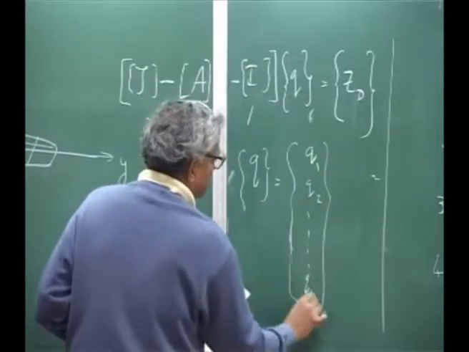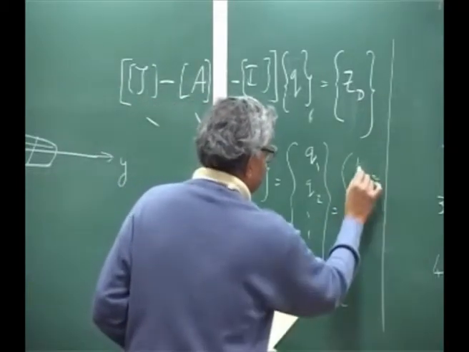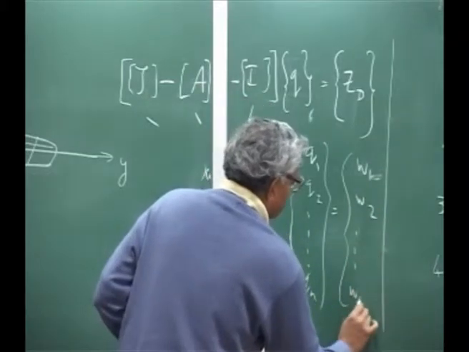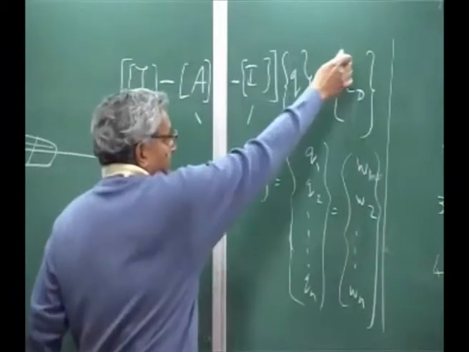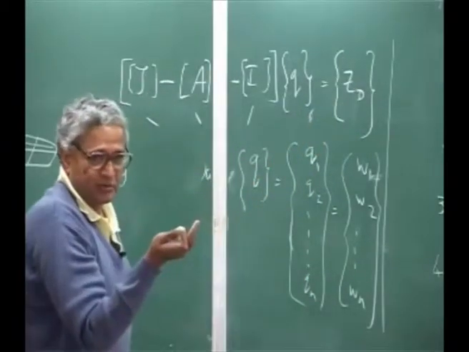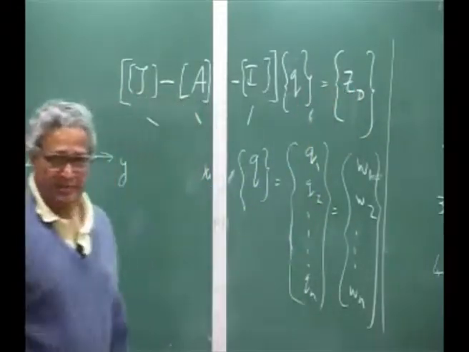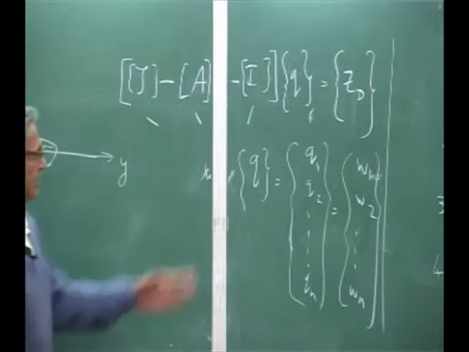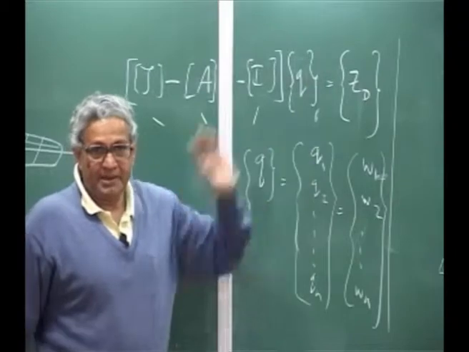Please understand, these Q's are nothing but my W1, W2, Wn. And this Zd will have the external force, Zd or Qd, you can call it. This is basically whatever external dynamic load. If it is 0, that will be 0.